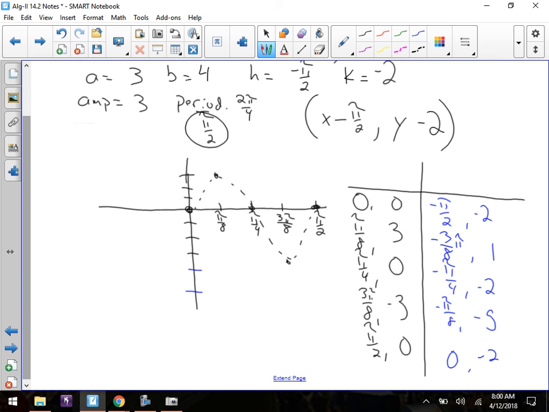We know that this point becomes at 0. So that moved over, so we're at -pi/2, and then we're at -3pi/8, -pi/4, -pi/8, and back to 0.